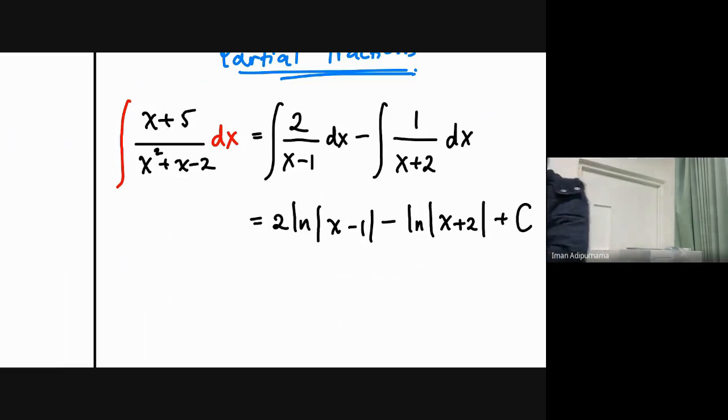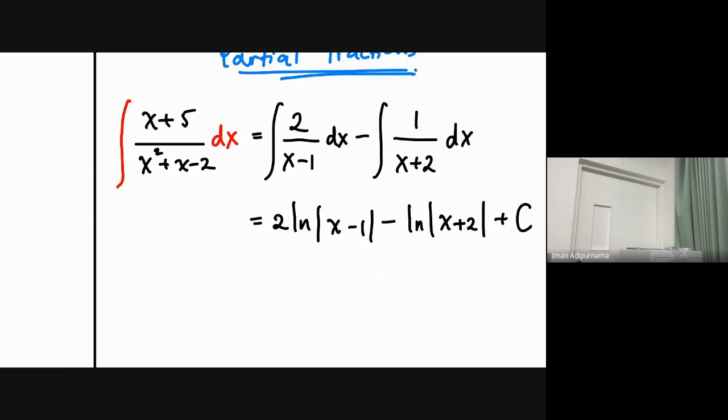And in most cases, if you see a rational function with a polynomial, for example this part at the bottom, x squared plus x minus 2, you can factorize these terms and make it into two fractions, and then each fraction you can integrate easily.